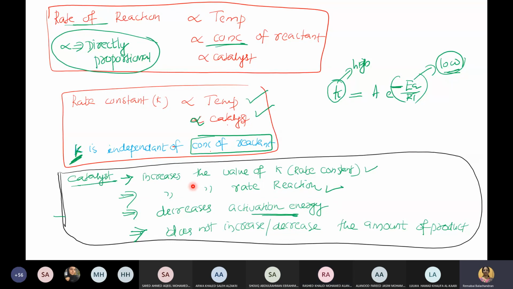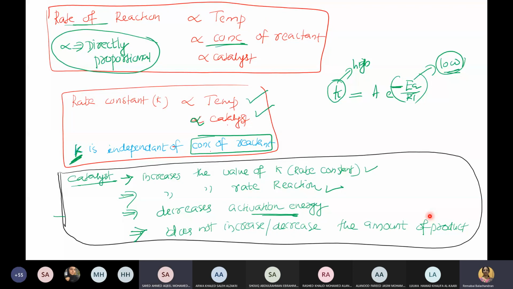Then catalyst. What is catalyst doing? Catalyst increases the value of rate constant. Catalyst increases the rate of the reaction. Catalyst decreases the activation energy. But catalyst does not increase or decrease the amount of the product. Do you remember I gave you an example for this? What example I gave you last lecture? A life example.